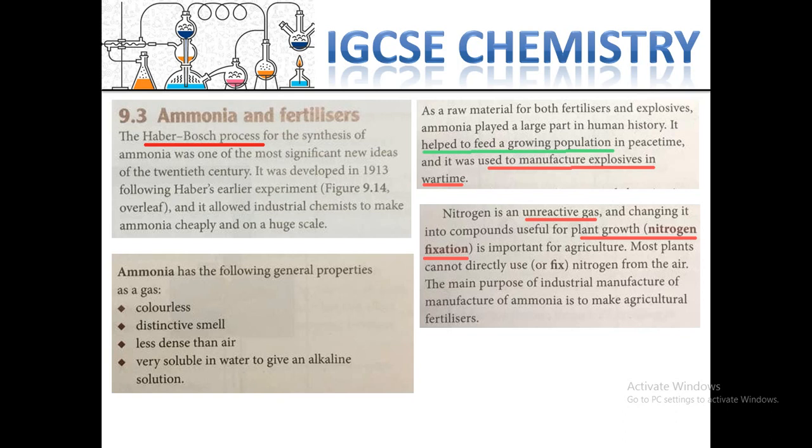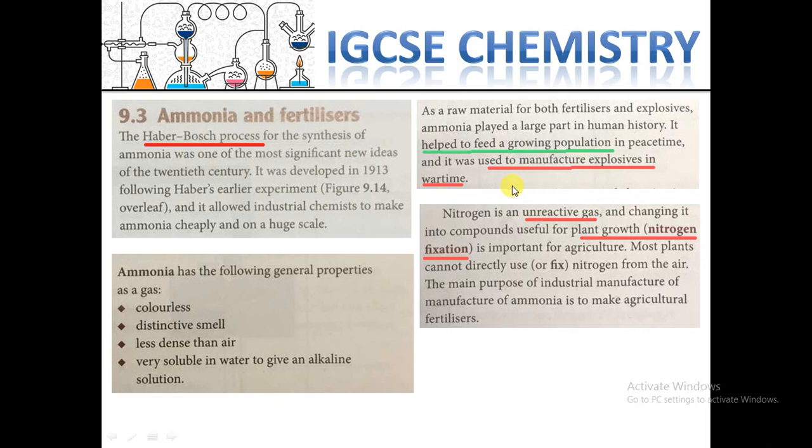So it was very useful in the time to grow the population, because a long time ago, people needed to feed their children, their family, and providing food was very important for governments and nations. So ammonia played an important role for growing the population in peacetime.